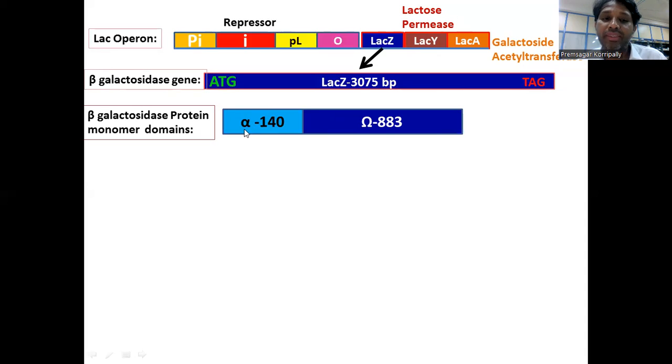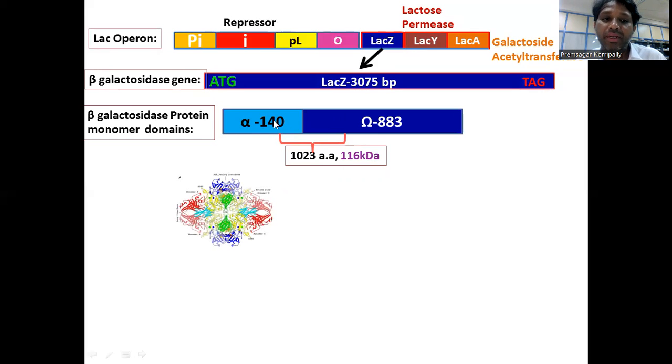The alpha domain extends from the first amino acid to amino acid 140, and the rest is called the omega domain. The total number of amino acids in each monomer of beta galactosidase is 1023, and its molecular weight is 116 kDa.